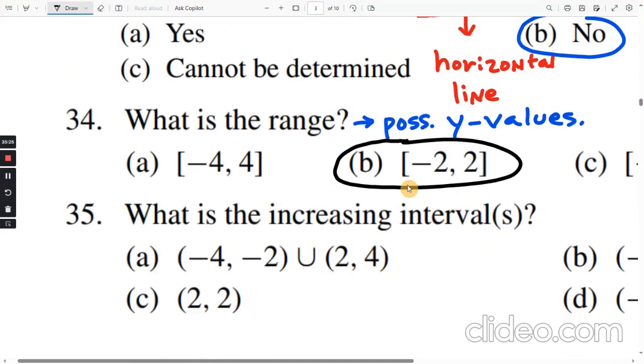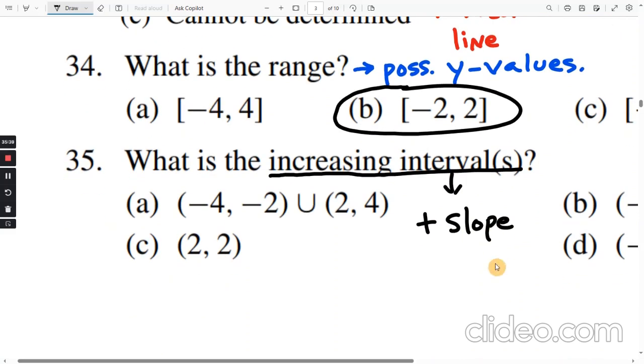All right, 35, increasing intervals. What does that mean? That means it has a positive slope. What does a positive slope look like? That means y and x both increase or they both decrease together, right?